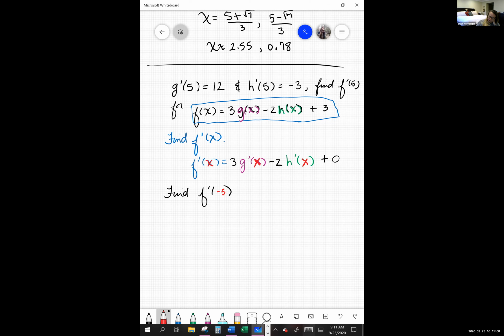And so we have 3 times g prime of 5 minus 2 times h prime of 5. And I don't need to add that 0.